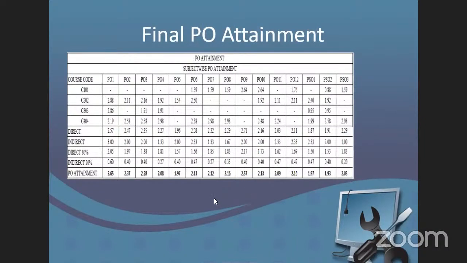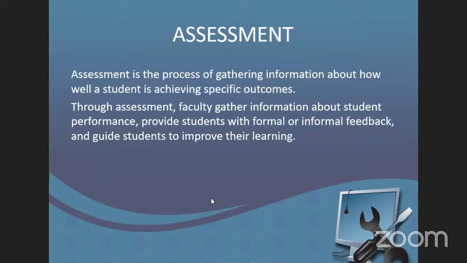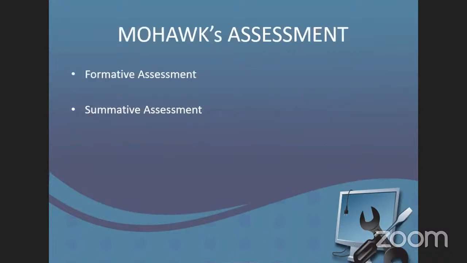Next one is coming to assessment. Assessment is nothing but how we are going to evaluate the students. Based on some evaluation only, I can say whether the outcomes are achieved or not. So that assessment can be either formative or summative assessment.